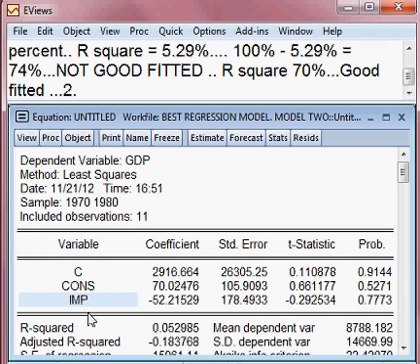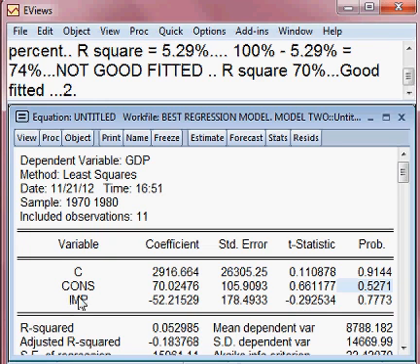Okay, we check one by one. What about consumption? Is it significant? We check the p-value. What is the p-value? 52.71%. What is the guideline? The guideline is that if the p-value is less than 5%, then that particular variable is significant. But if the p-value is more than 5%, that particular variable is not significant.